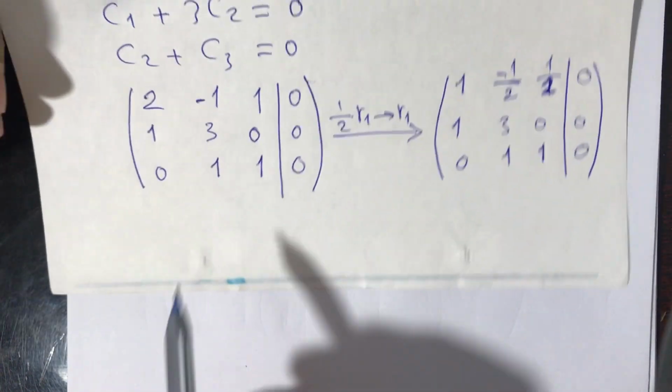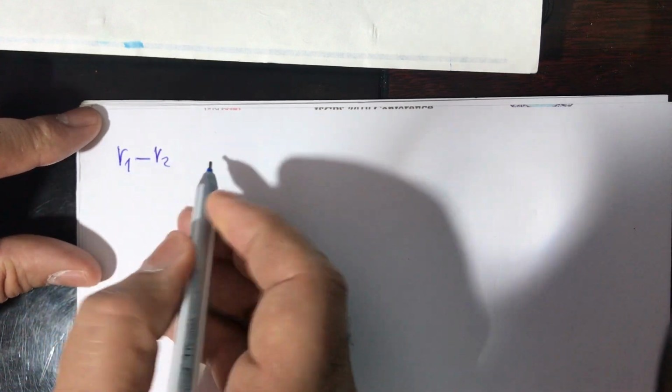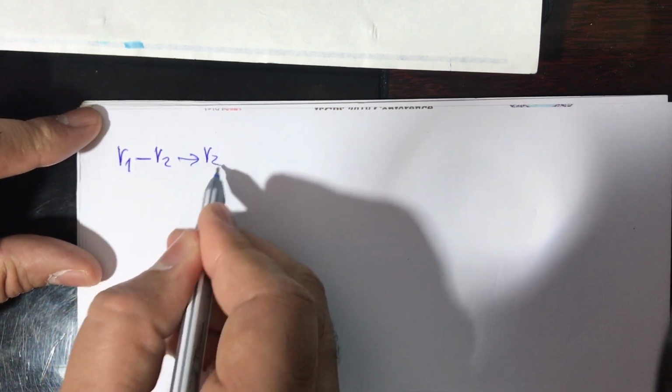Now try to make this 0: R2 minus R1, write in R2.